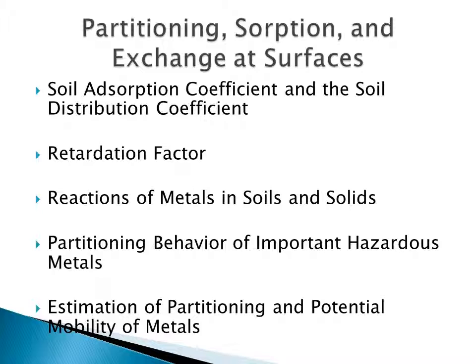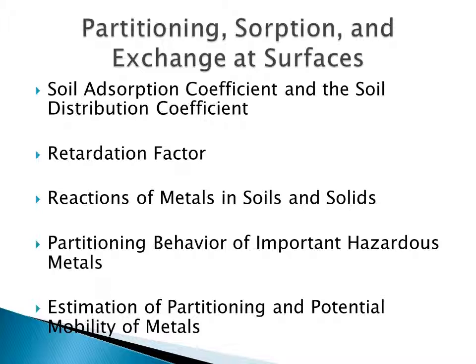A general expression for contaminant sorption is called the soil distribution coefficient, and is defined as the mass of the contaminant sorbed divided by the mass of the contaminant dissolved at the aqueous phase. This soil distribution coefficient can be determined experimentally, which provides a very accurate measure of sorption in a solid water system.